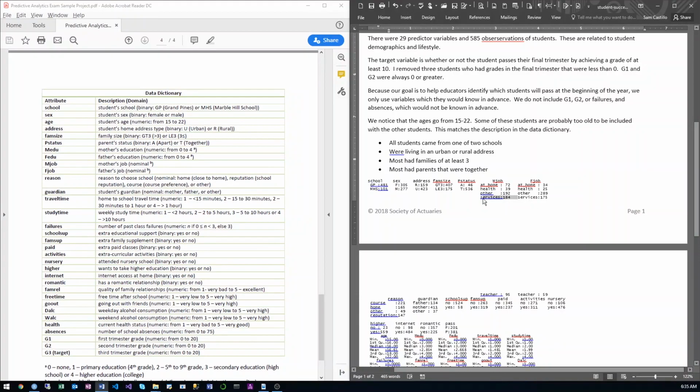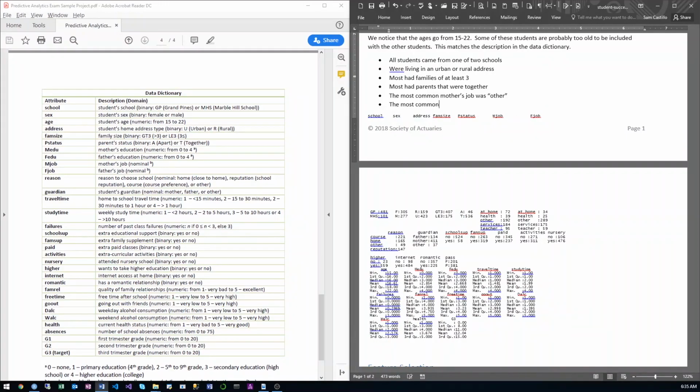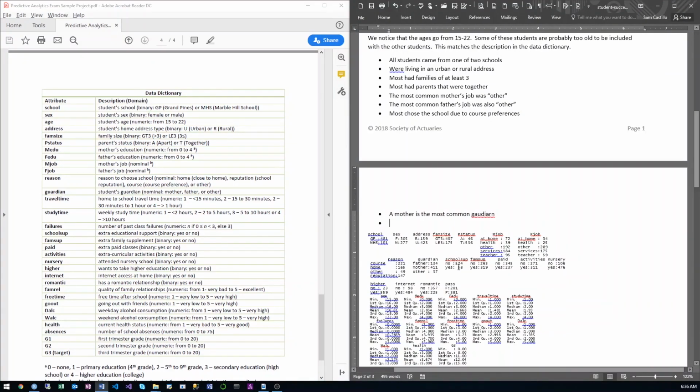The most common mother's job was services, actually other. And most common father's job was also other. What does other stand for? They don't tell us. What is reason? Reason is the reason to choose the school. Most have a mother as their guardian. School support: most do not have school support, as only 58 students have support.